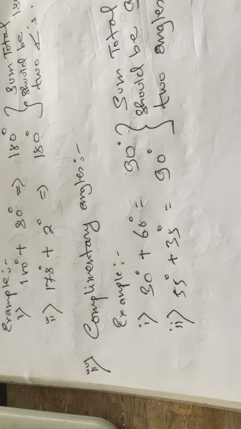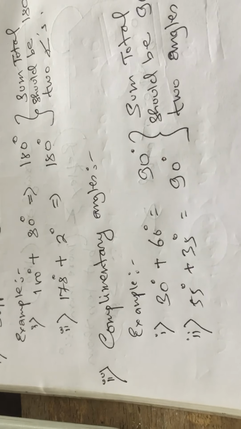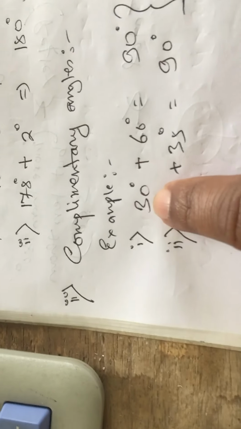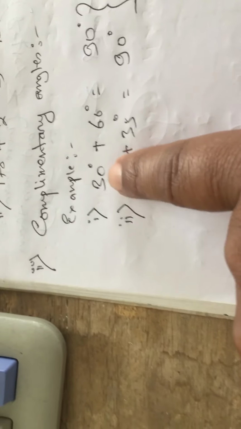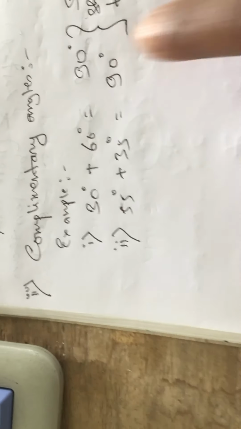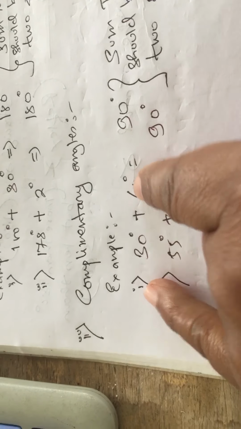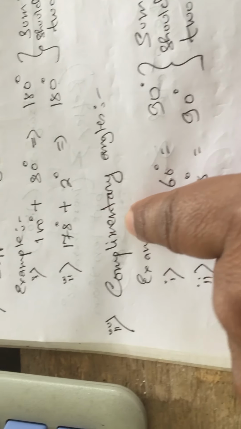Complementary angles are those angles whose sum total gives you always 90 degree. I have given you two examples. Say for example, one angle is 30 and the other angle is 60. So 30 plus 60 gives you 90. In the same way, 55 plus 35 also gives you 90. So whenever you take the sum of any two angles which is 90 degree, they are called complementary.